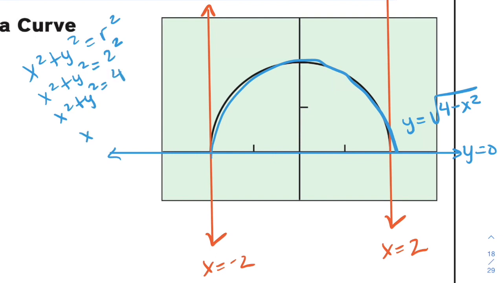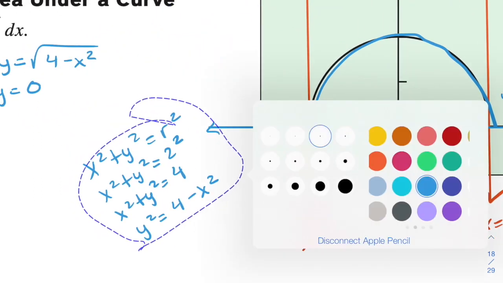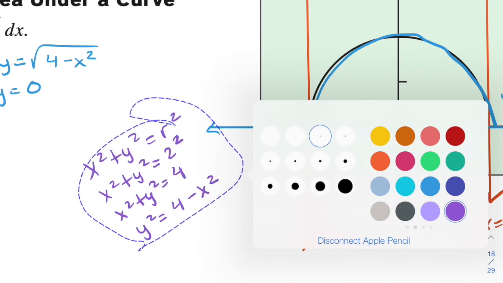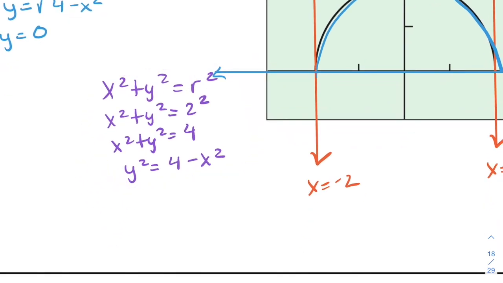Move x squared to the other side. So you get y squared equals 4 minus x squared. And then find the square root of both sides, and you get the square root of 4 minus x squared.